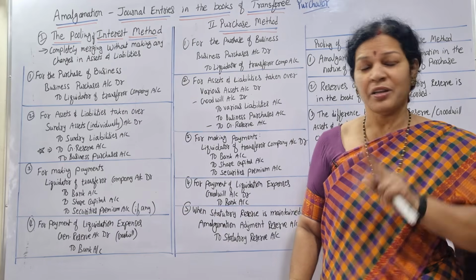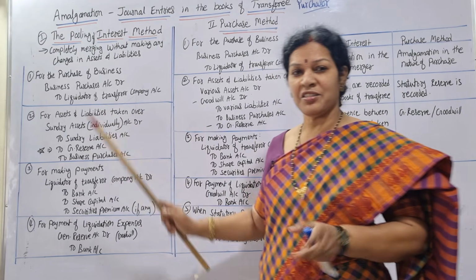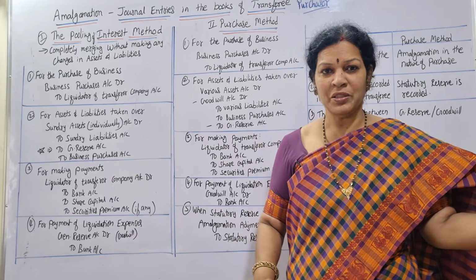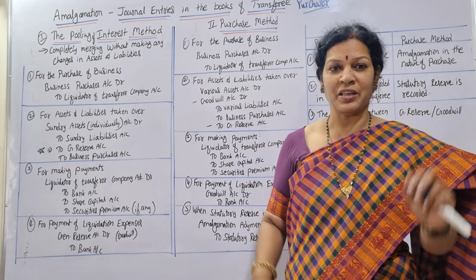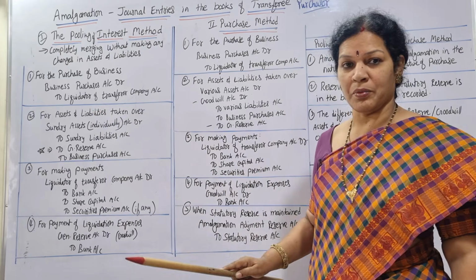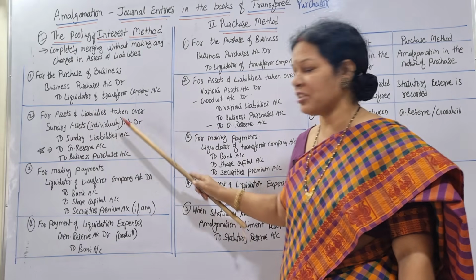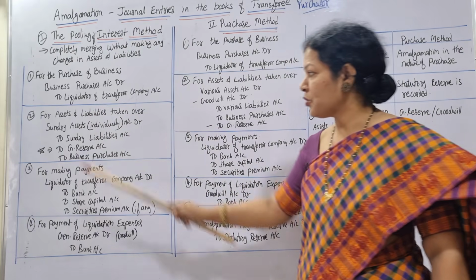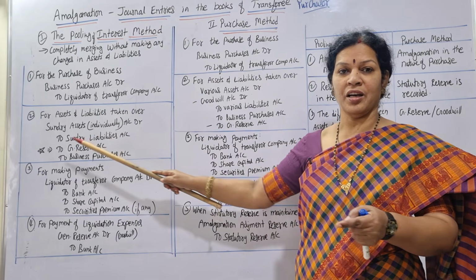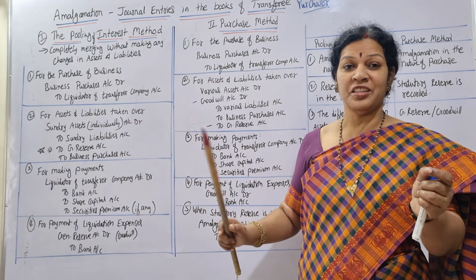Able to remember? Now second entry, assets and liabilities are taken over. The purchasing company is taking over the assets and liabilities. For that entry, remember all the assets on the debit side, to all the liabilities.